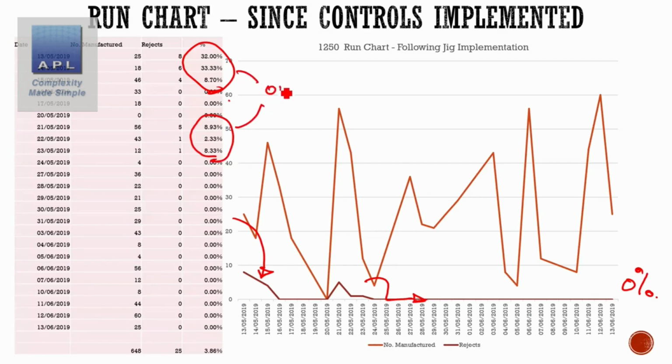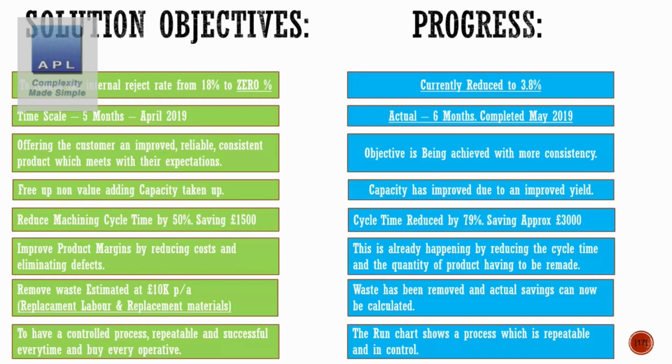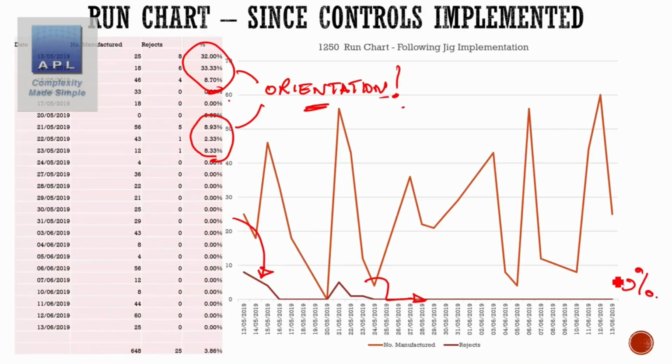So just something had gone wrong. The orientation wasn't obvious, and once they made the orientation obvious, what's happened? The defect rate has gone to 0. Fantastic. Here's what they achieved. They're saying the defect rate is 3.8%, but quite honestly, looking at it now, it's stuck at 0 pretty much. They've achieved what they wanted to achieve.